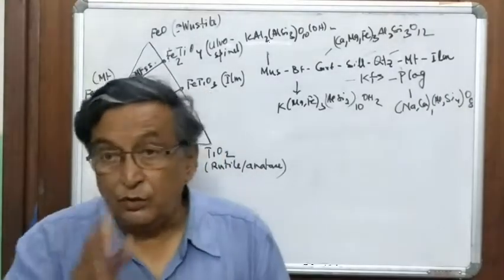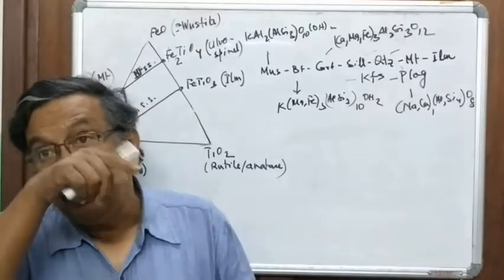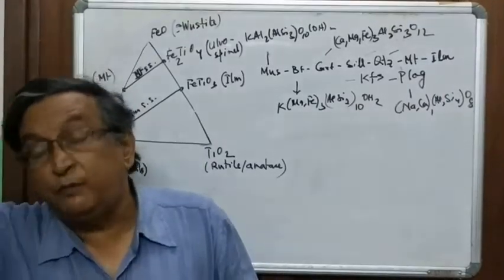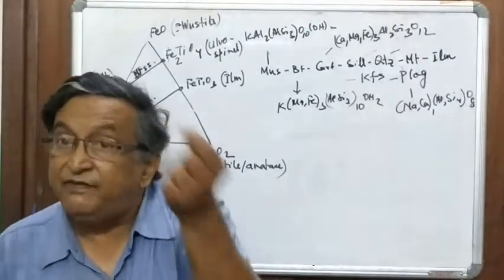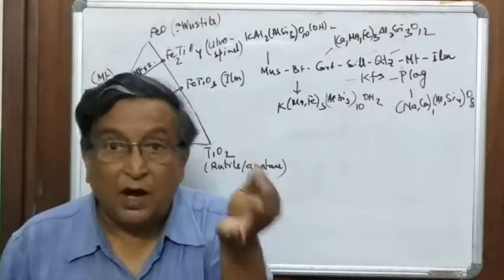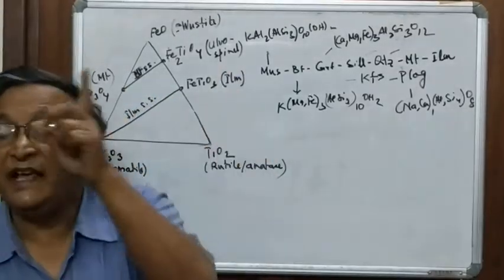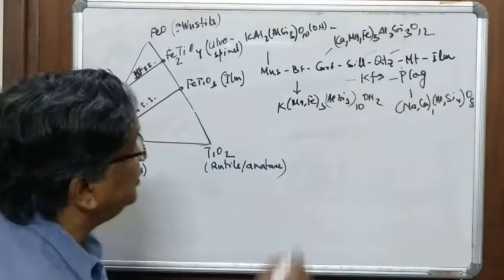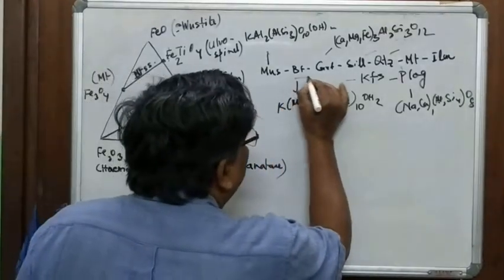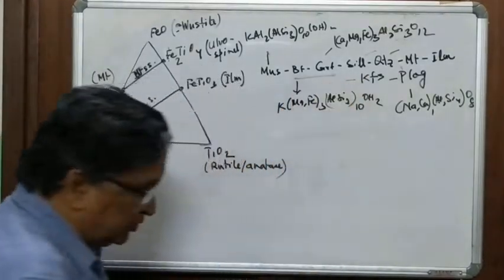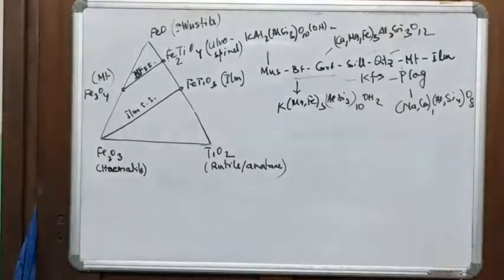And you know that dP by dT should be infinity, so delta V of the reaction should be very small, for which you need exchange reactions. So you can see your biotite and garnet yields an exchange reaction.